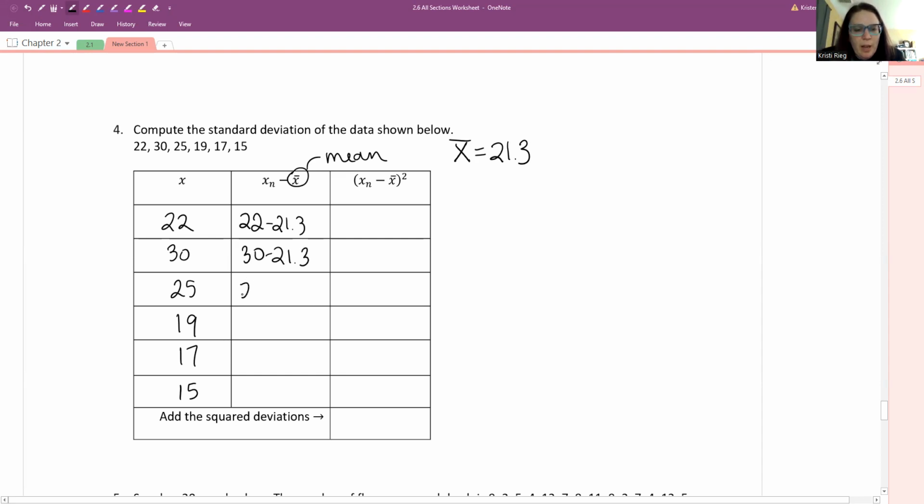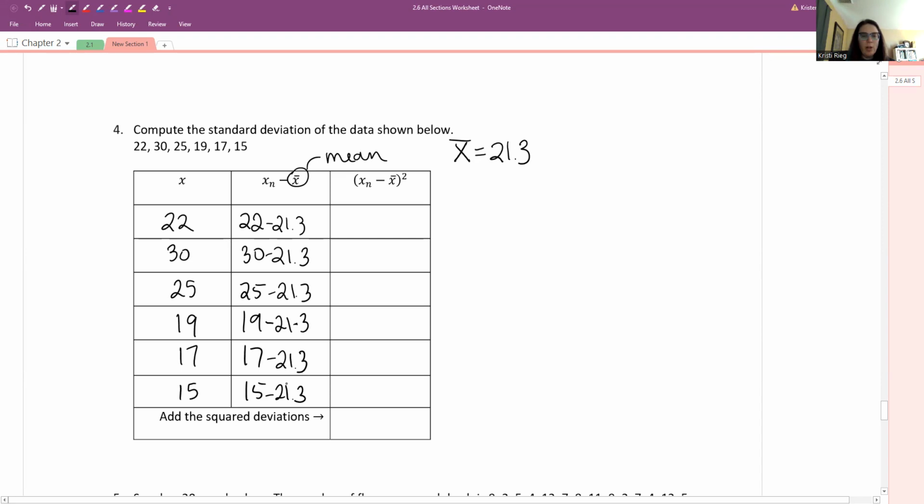We're just going to do that for all of these. 19 minus 21.3, 17 minus 21.3, and 15 minus 21.3. So I'm just going to throw that in the calculator.